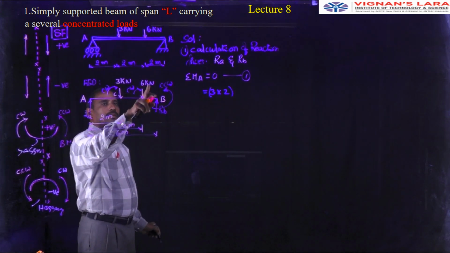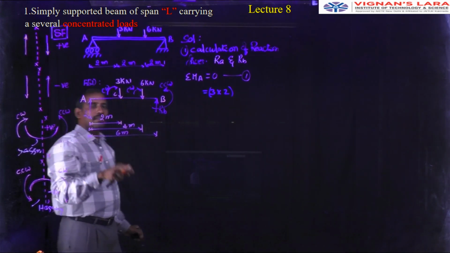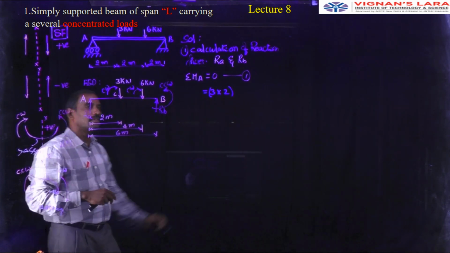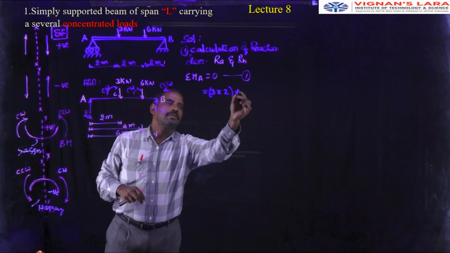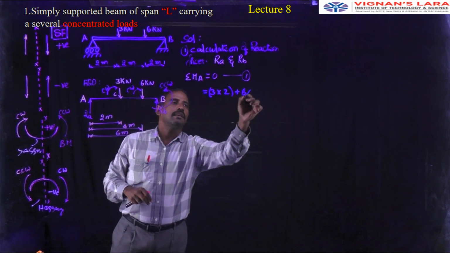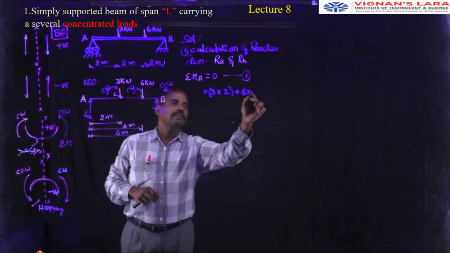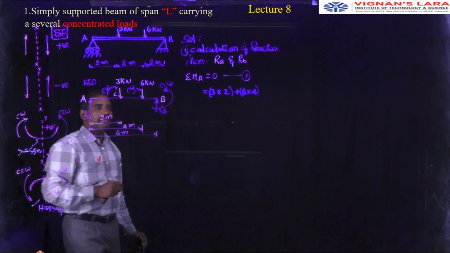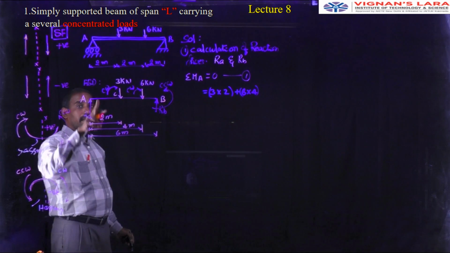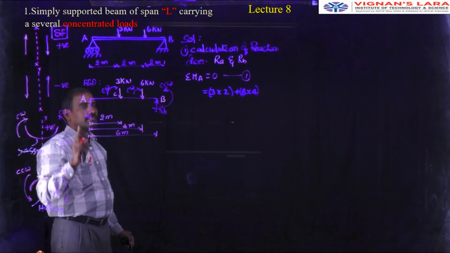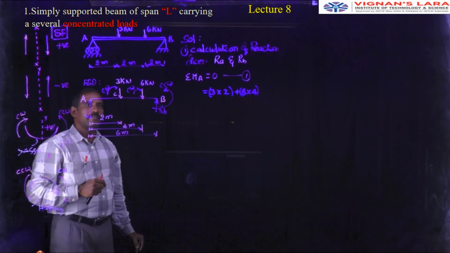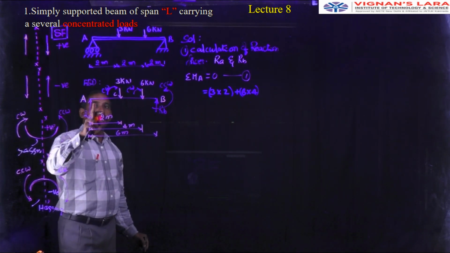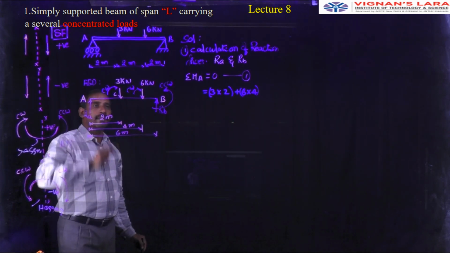Again, what about the moment produced by the 6 kilonewtons about moment center A, which is at a distance of 4? Again it is taken as positive, that is 6 into the perpendicular distance 4. The RB produces a counterclockwise moment about A. Keep in mind, the direction and magnitude of the moment are always considered with respect to the moment center.